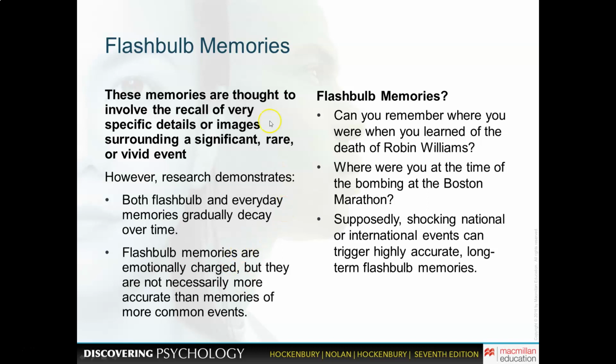And so, I put in a definition right here, so basically these memories, flashbulb memories, are thought to involve the recall of very specific details or images surrounding a significant, rare, or a vivid event. So that can be anything like memories of a wedding or a graduation, or anything that is important to you.